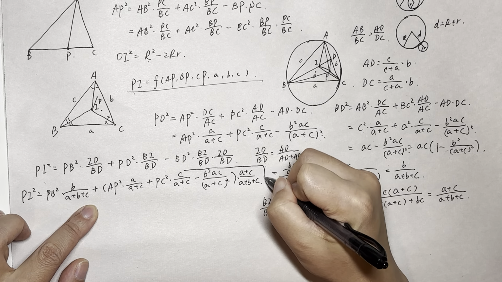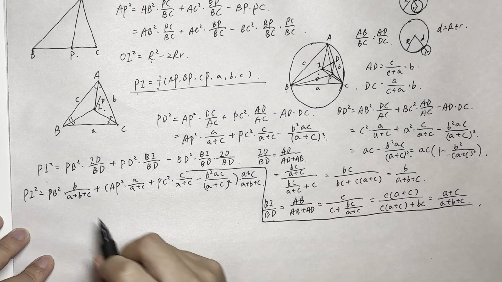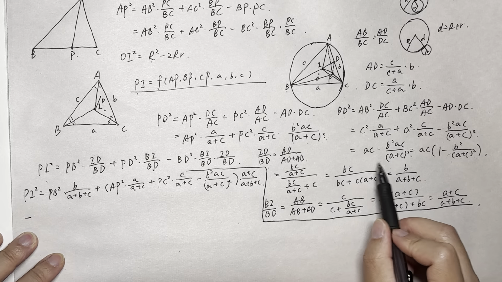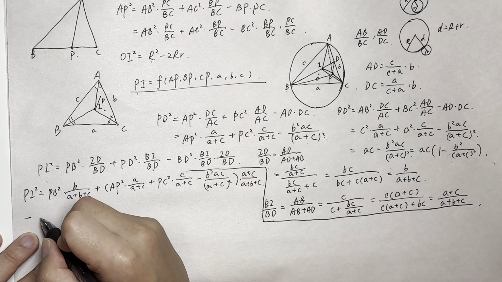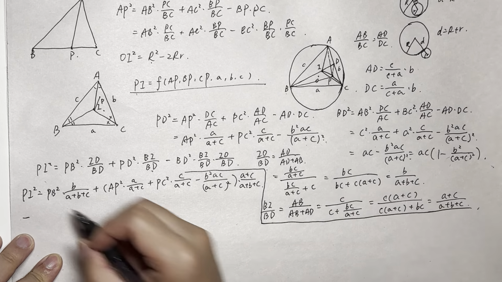So that's just BD square, PD square times BI to BD, and we still have this term. This term would be minus BD square. This is BD square. That is AC times 1 minus B square to A plus C square.